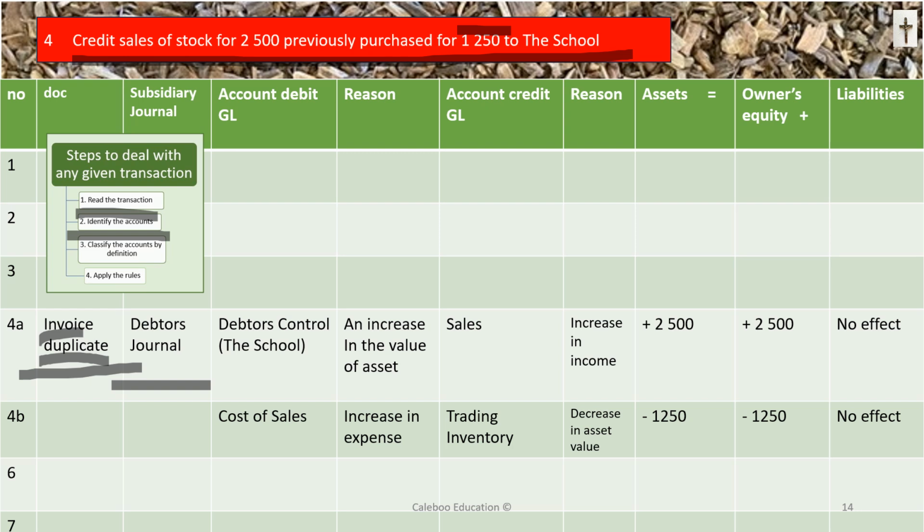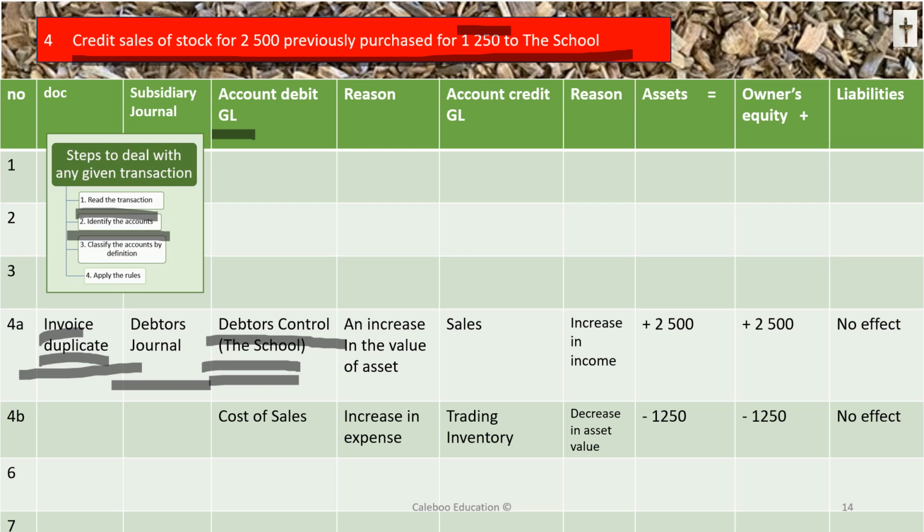The account that is debited in the general ledger is an account called debtor's control. It's an account which is basically a summary of all the individual debtors. You might call it accounts receivable. I have put in brackets here the name of the individual debtor. These posters were sold to the school.